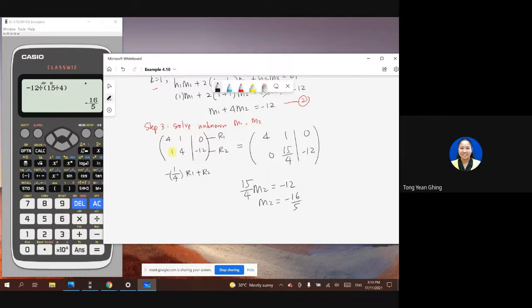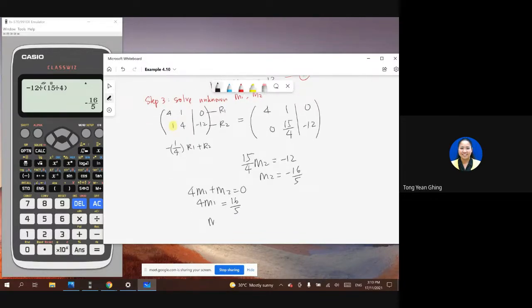Just now, from 4M1 plus M2 equal to 0, substitute, so 4M1 equals 16/5. Then M1 equals that divided by 4. Is it 48/15?